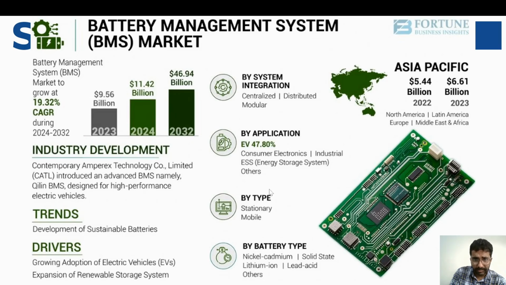Mainly electric vehicles consume above 45% of the applications of the battery. The rest are consumer electronics, industrial energy storage and so on. By type, stationary and mobility. By battery type: nickel cadmium, solid state lithium, lithium ion and lead acid. So these are the different aspects of the battery management system market.